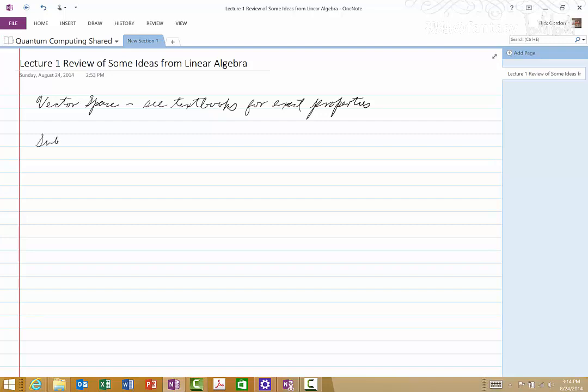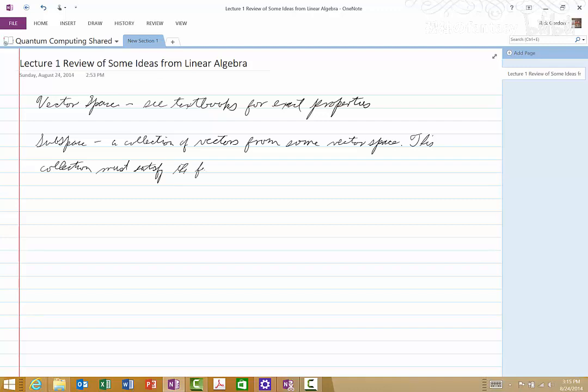So a subspace is a collection of vectors from some vector space, and this collection must satisfy the following two properties.